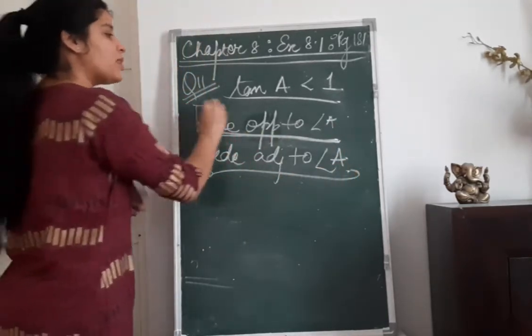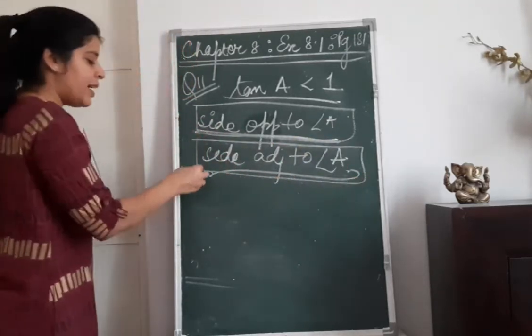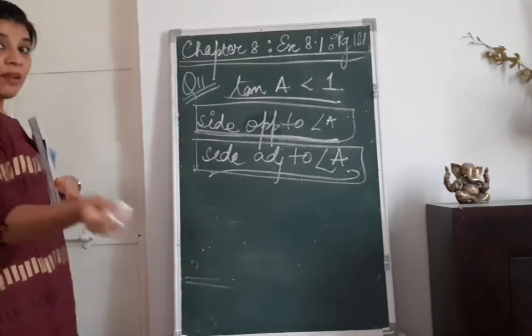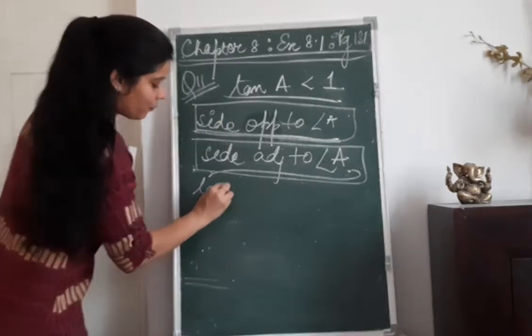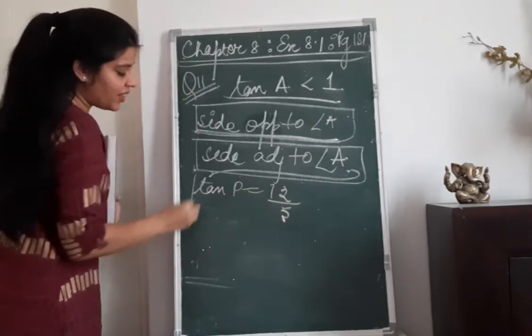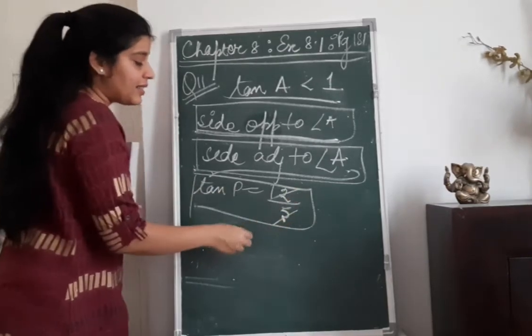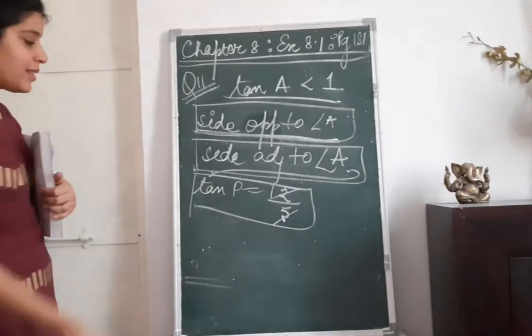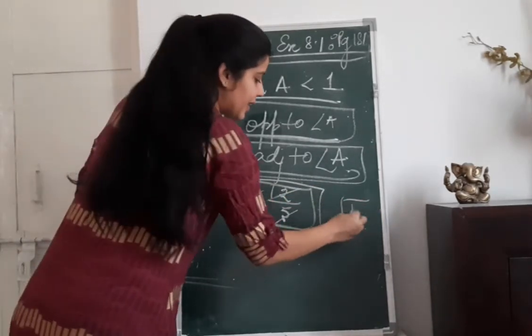Now side opposite to angle A can take any value and side adjacent to angle A can take any value. If you look at our previous question, tan of P is nothing but 12 by 5. So even this example clearly says that this statement is false, because tan P in this case is clearly greater than 1.